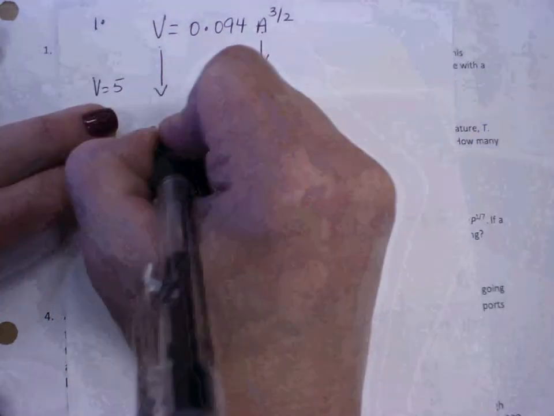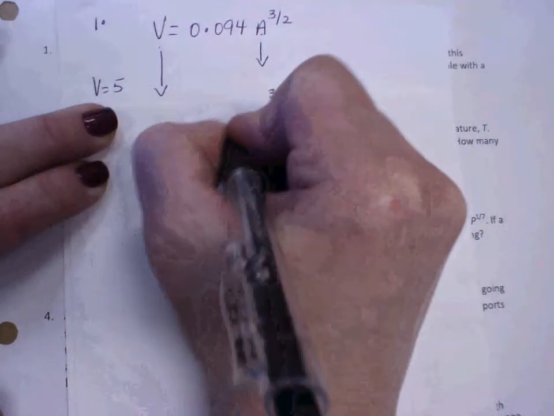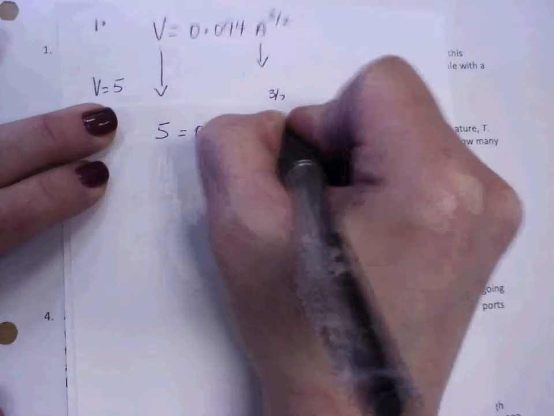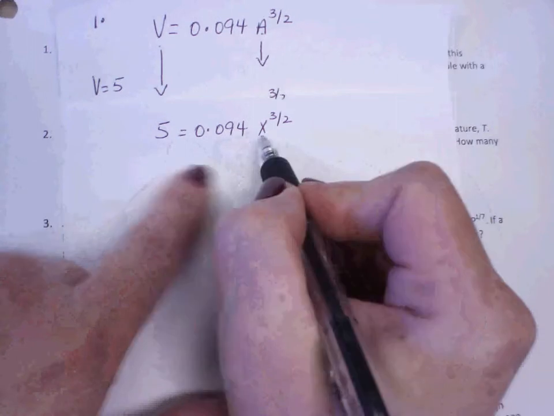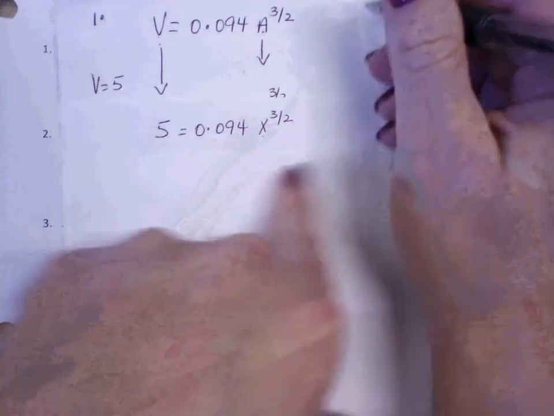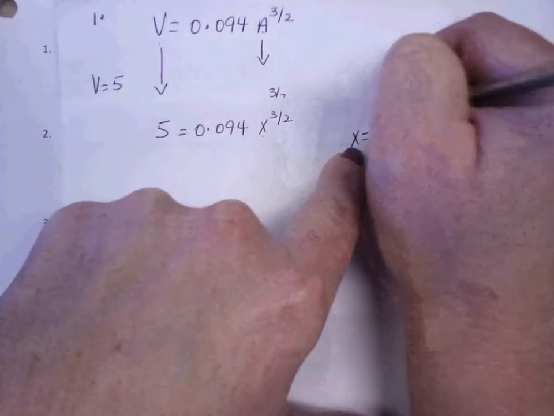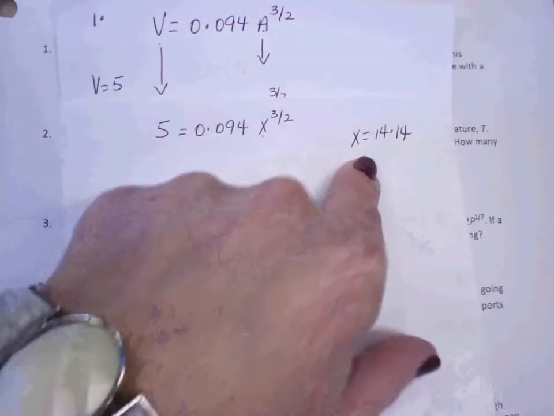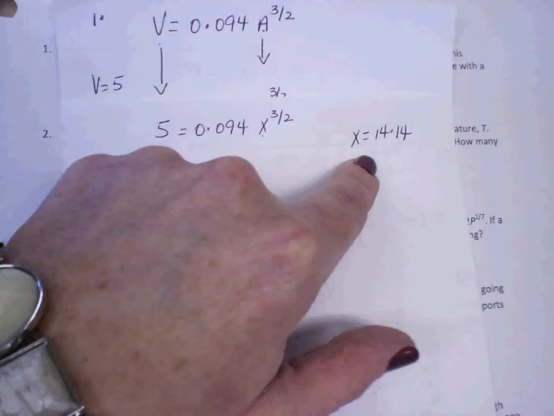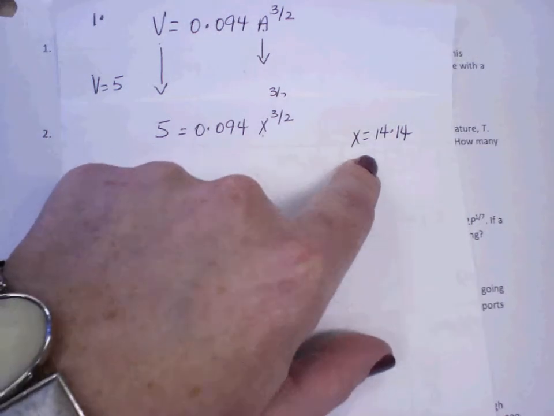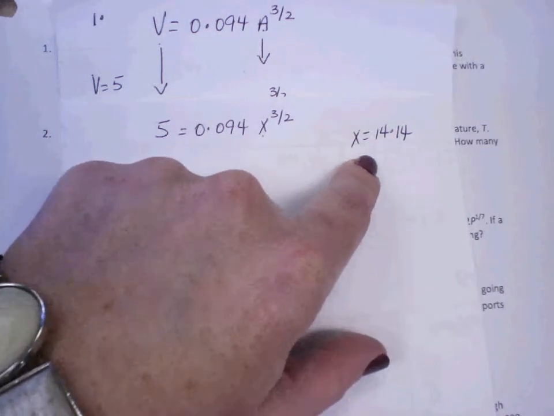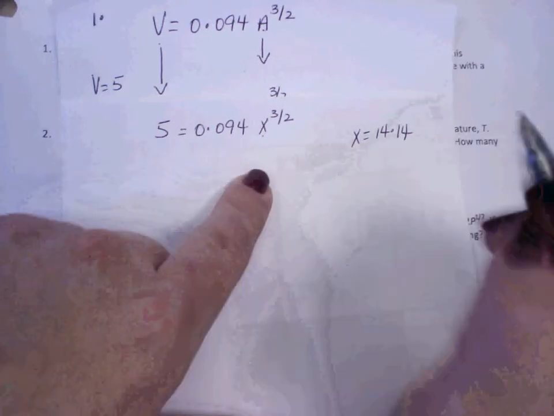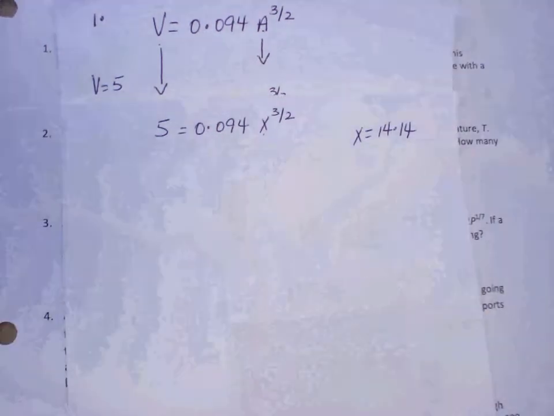If that value is 14.14, when I plug it in over here, it should be equal to 5. Do you understand what I'm trying to do? Yes? All right, so we got that x was 14.14.